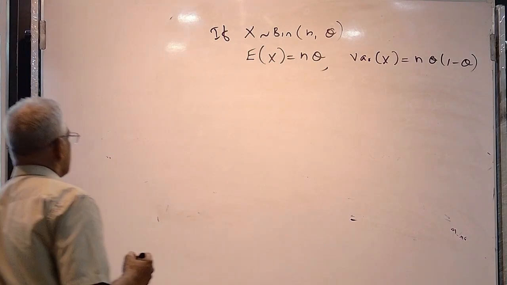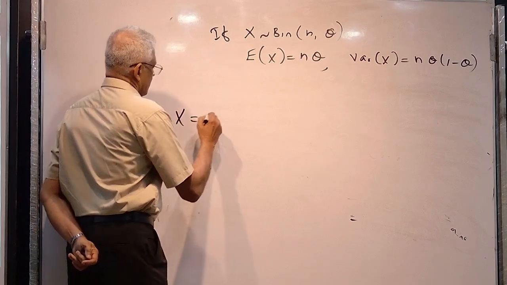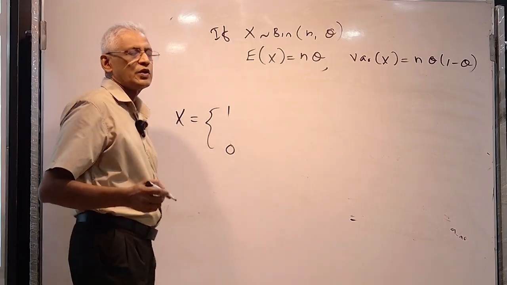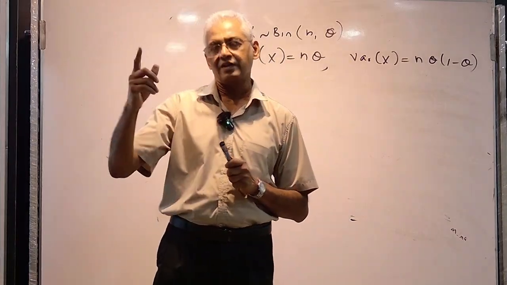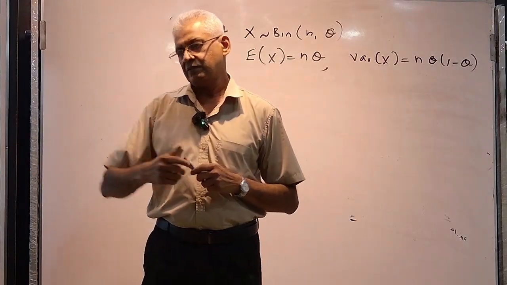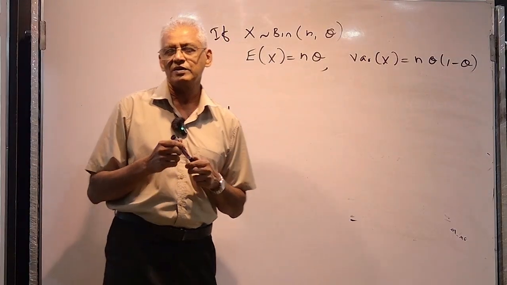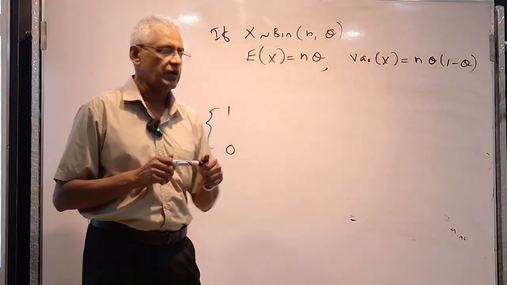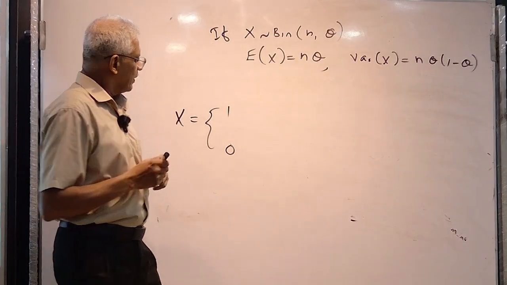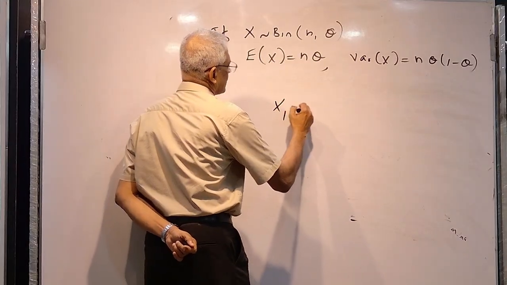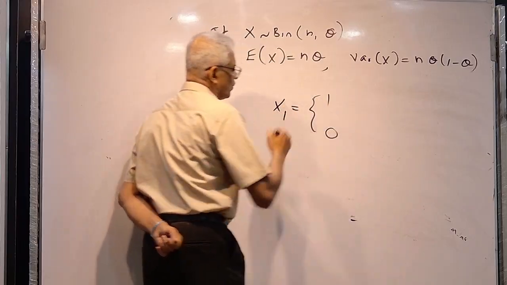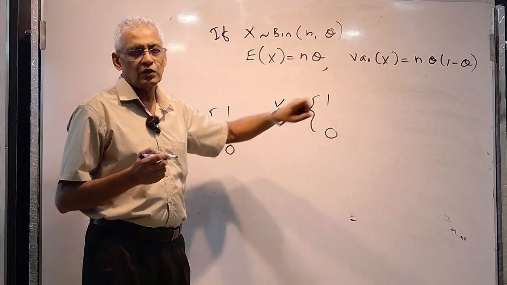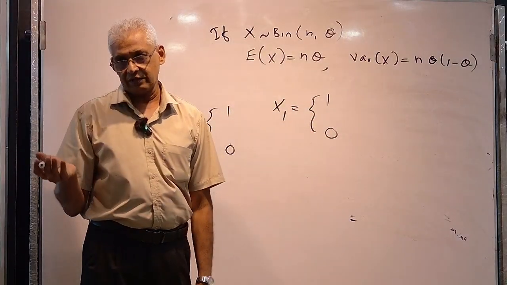In the Bernoulli case, we define x to be 0 or 1, right? X equal to 1 if you get a success in a single trial. Otherwise, if you get a failure in that trial, you get 0. Now, let me define x1 to be 1 if you get a success, 0 otherwise, in the first trial.